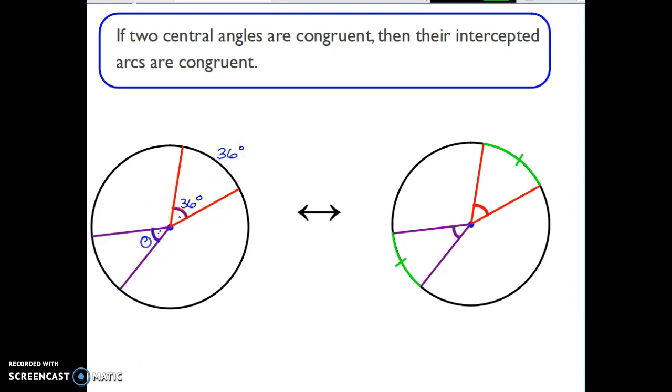If this angle here is 36 degrees and we know that they're congruent, it means that this is also 36 degrees and we know that this is a central angle also. Its intercepted arc would also have to be 36 degrees, so therefore we have the two intercepted arcs that are also congruent. So if the two central angles are congruent, then we know that their intercepted arcs are also congruent.